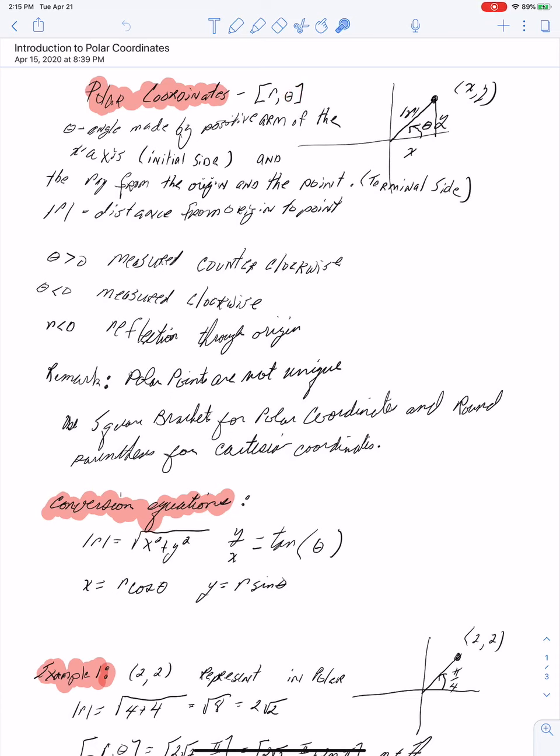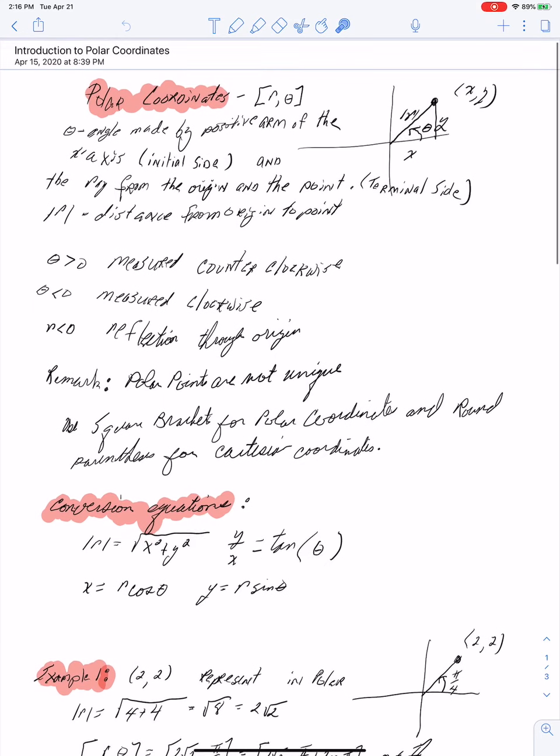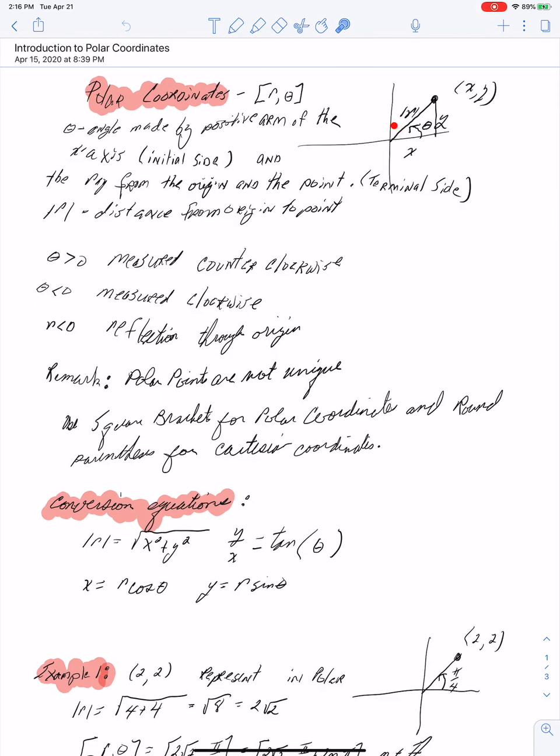What is theta? Well, theta is any angle that starts with the positive arm of the x-axis and has terminal side on that ray. There's one theta I've drawn. Obviously, I could take that angle and I could go 2 pi and then back up. That would be another angle that would do the same thing.